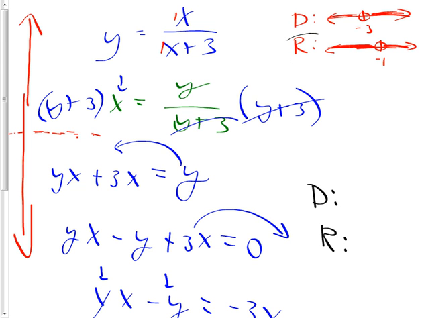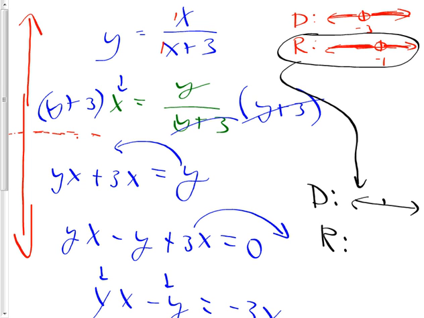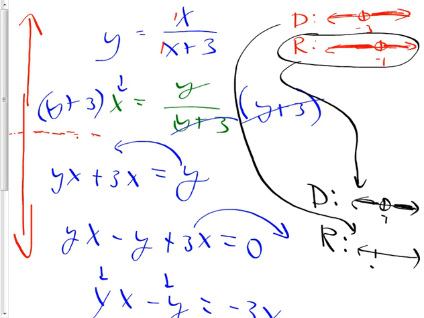So this range here becomes the domain: everything except -1. And this range comes from the domain. Domain comes down and drops in here: everything except -3. You don't overlap them or anything, I'm just writing them one above the other. Domain and range of my inverse comes from the domain and range of the original.